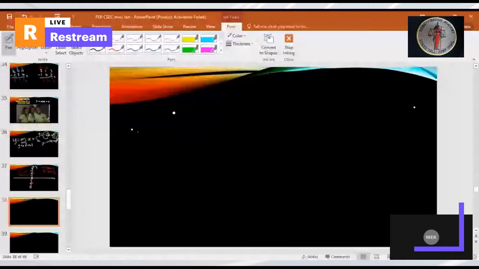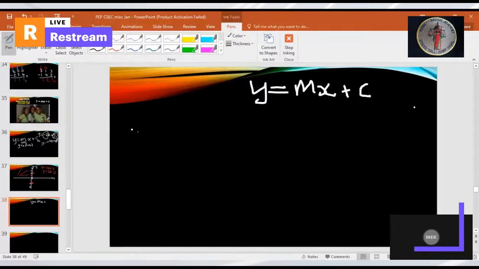All right, so I'm going to show you how to find the equation if we're given 2 points along that line. Let's always put the general format, y equals mx plus c. Remember, m is the gradient and c is the y-intercept.